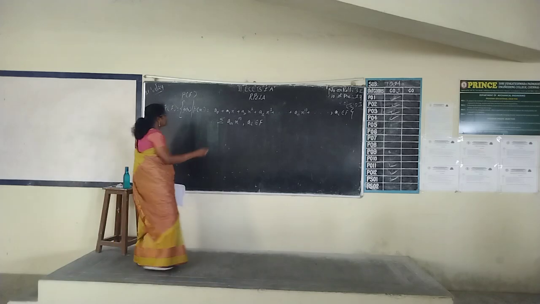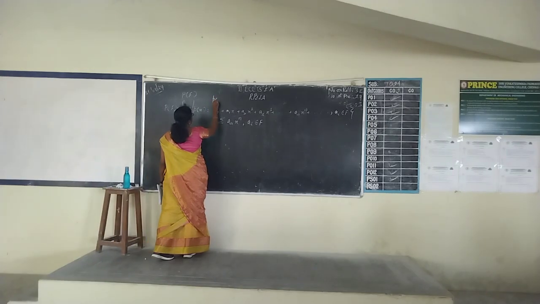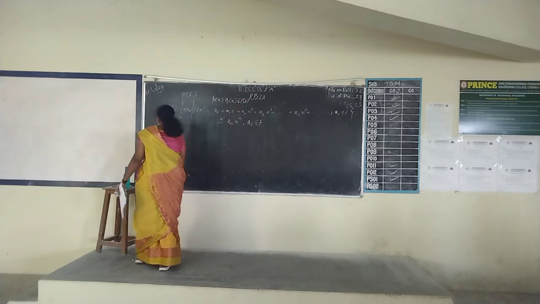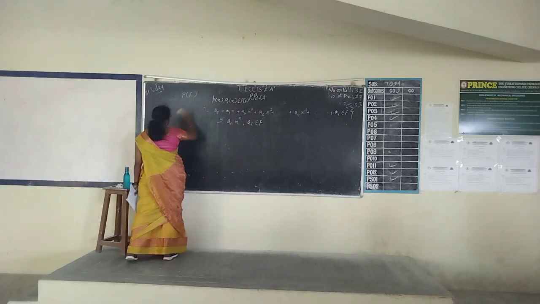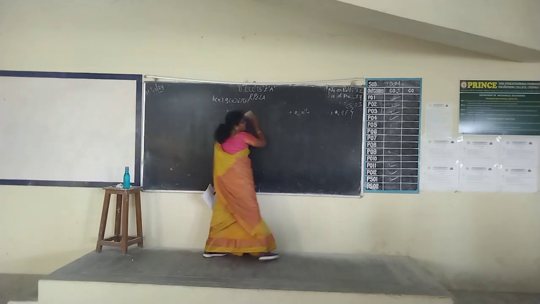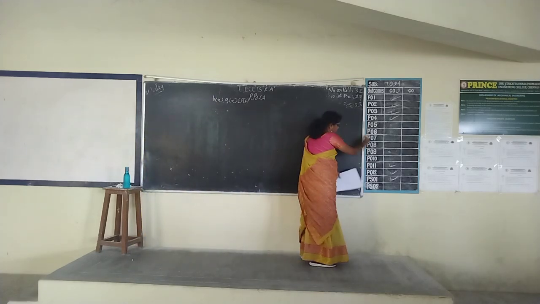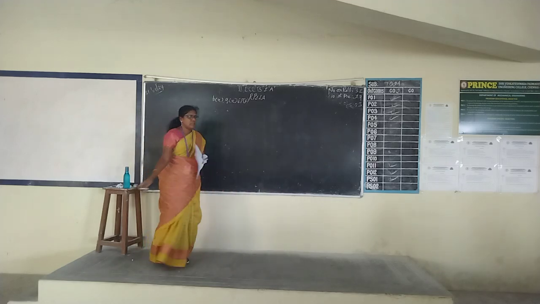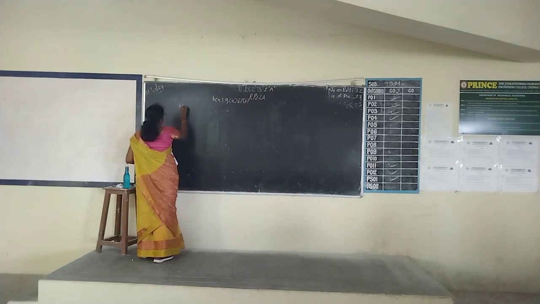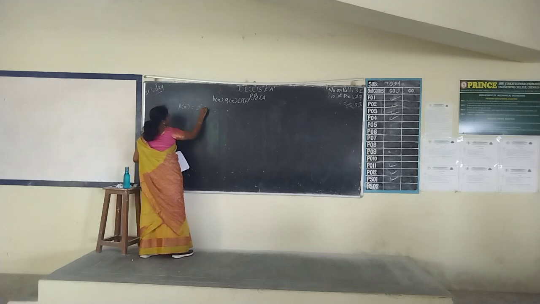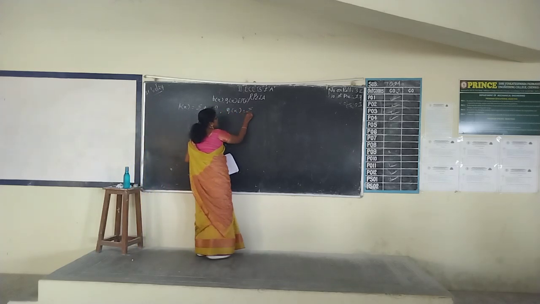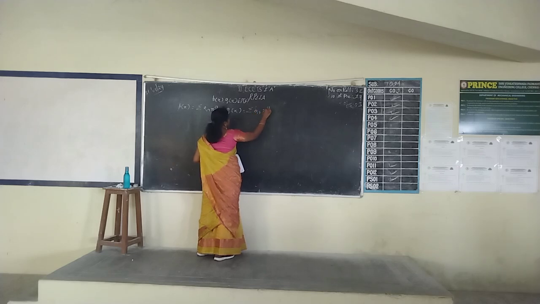Let P of x, Q of x belong to P of F, the set of all polynomials. We are considering two elements, P of x and Q of x, where P of x is equal to summation of an x power n, and Q of x is equal to summation of bn x power n.